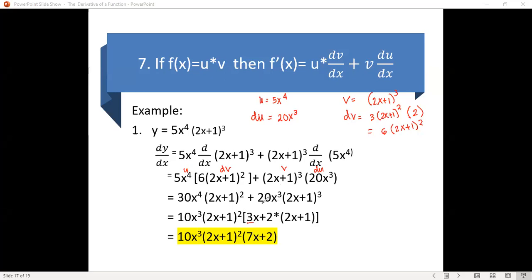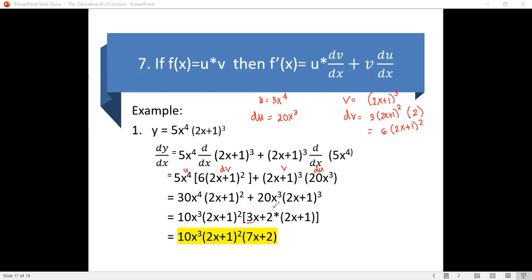What about if it's the second term which is divided by the common factor? So I have 20 divided by 10 is 2. So x cubed will totally cancel out. But 2x plus 1 here is raised to the third power, and we only have 2x plus 1 squared outside. So that means we have one more 2x plus 1, so that's 2x plus 1 raised to the first power.